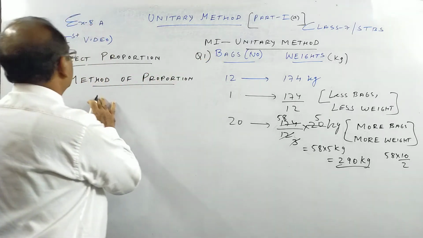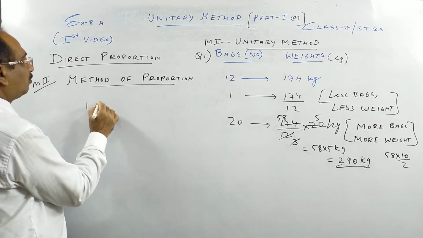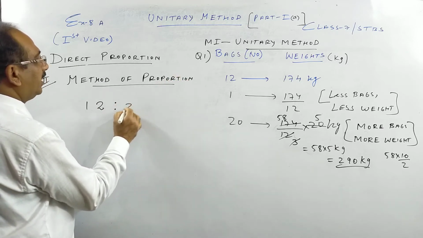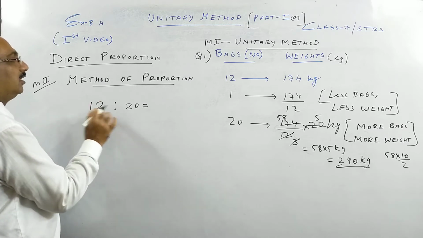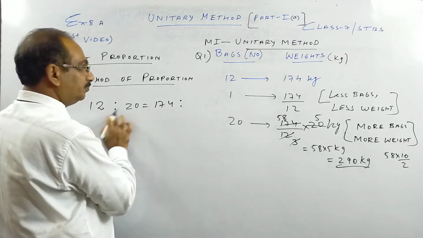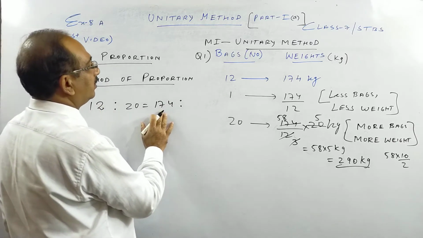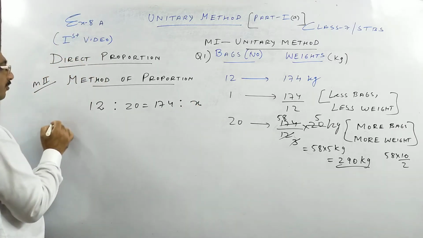Same thing, you see, the method of proportion. I have already taught you ratio and proportion. So here, 12 bags is to 20 bags; left side let it be bag is to bag. So 12 bags is 174, once more, 12 bags is to 20 bags as 174 is to x.